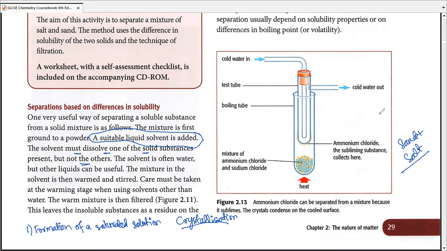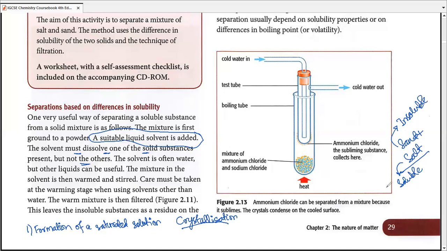So why did we choose water? We knew that if we choose water, salt will form a soluble solution and sand will form an insoluble solution at the same time, which means the salt will get dissolved in the water where sand will sit at the bottom. That's the condition for the suitability of the liquid.